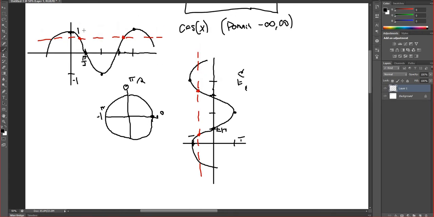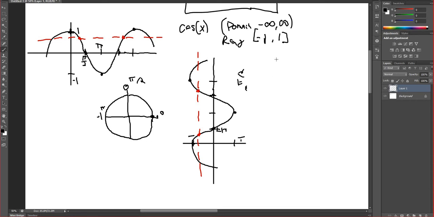So we have to restrict our domain, and if we look, we always want to start with a 0, because we want to include a 0. So I'm including 1 in my range right now, and if I go from 0 to pi, I'd be including all of the values in my range. My range is -1 to 1.